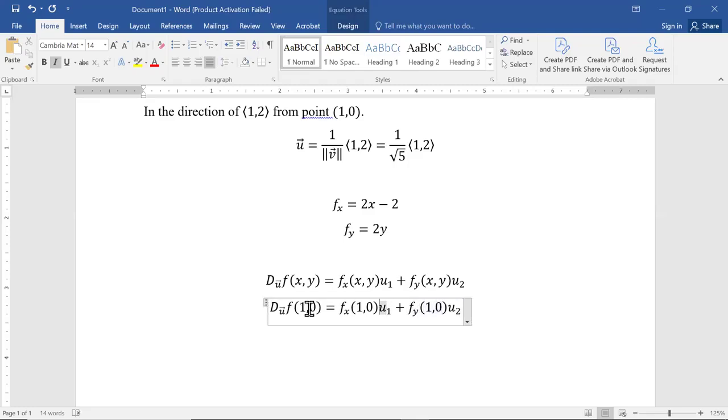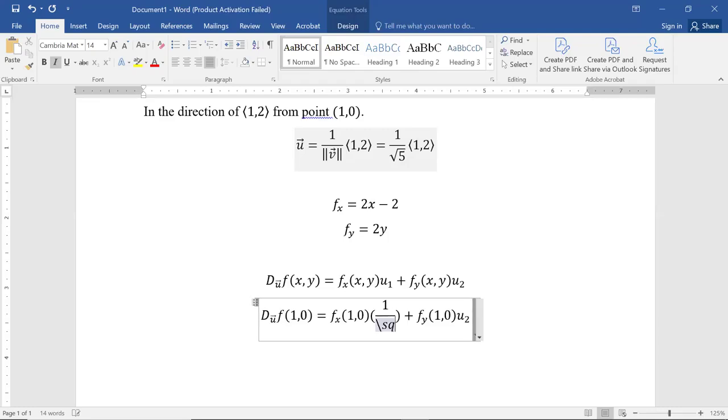And then in my case, u1 is the number 1 over square root of 5, and u2 is going to be the number 2 over square root of 5.